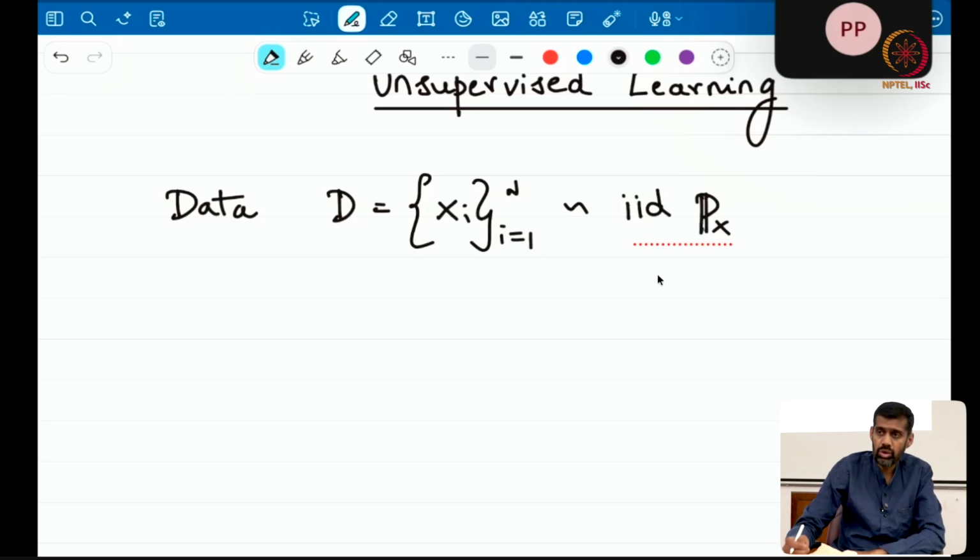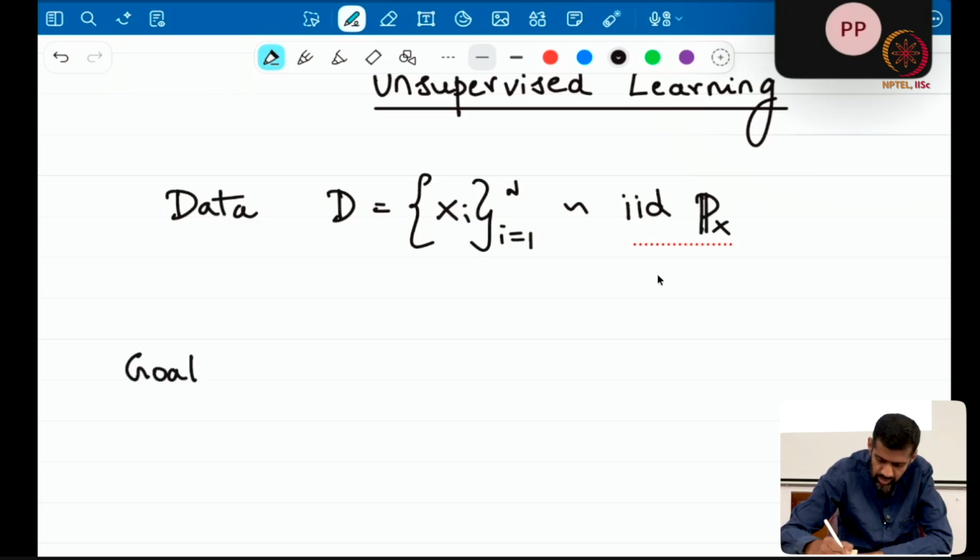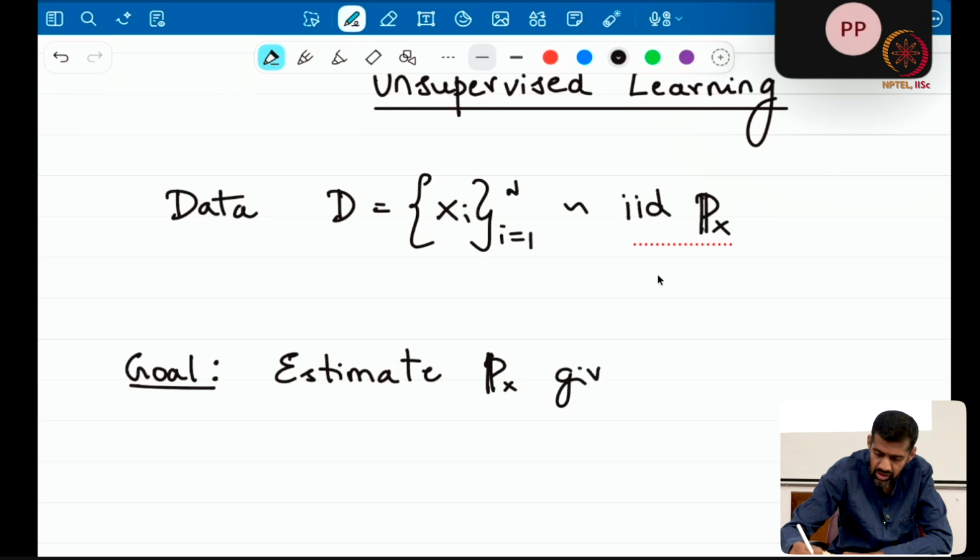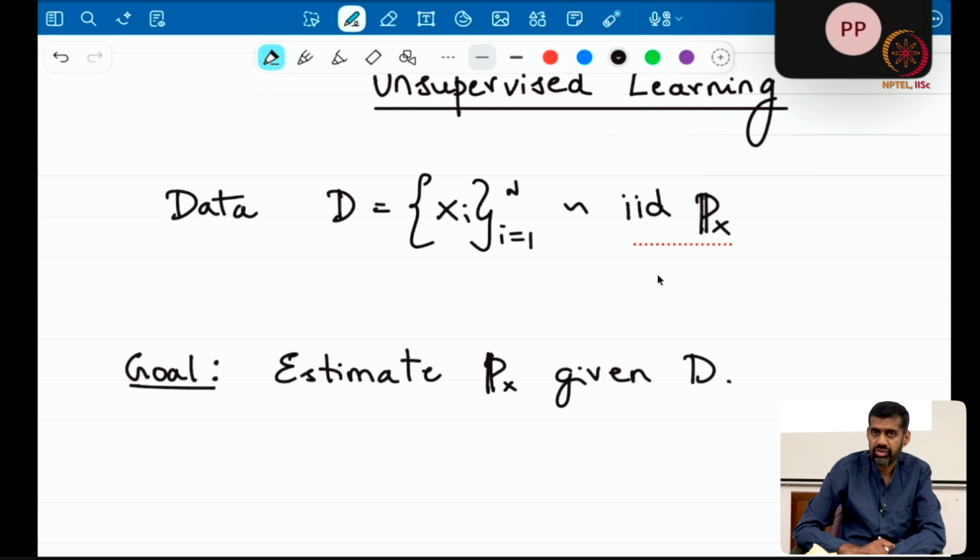Now, the goal of unsupervised learning is still estimating the underlying distribution. The goal here is still to estimate P of x given D, which is still the same problem that we have, and we use the exact same techniques that we have seen in this course, which is minimizing the KL divergence or a divergence metric.